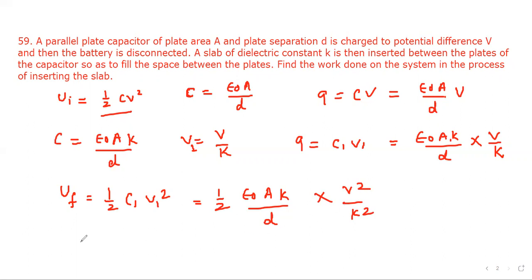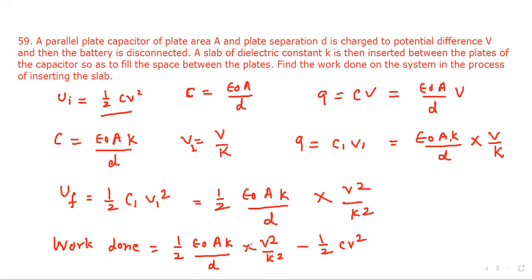So now the work done is equal to the change in energy. So the change in energy is the final energy, 1 by 2 epsilon naught A K upon D times V square upon K square, minus half CV square.